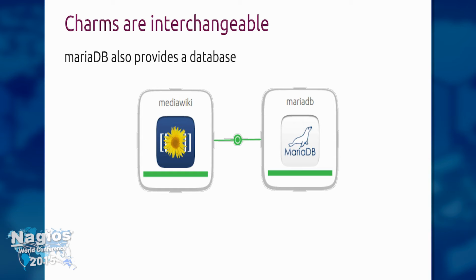And of course, it sends over the IP address of the database. Since MariaDB and MySQL are so similar, it really doesn't matter to MediaWiki which one it has. It can function equally with both of them.